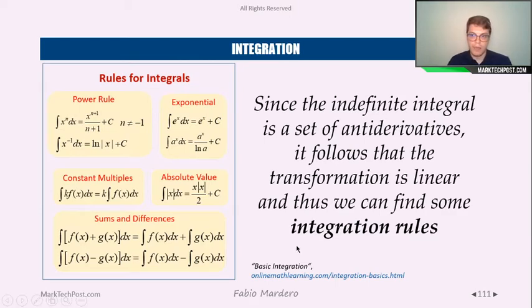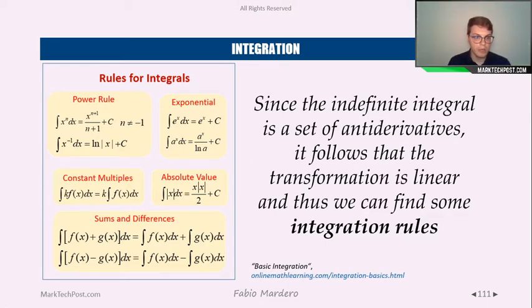Since the indefinite integral is a set of antiderivatives, it follows that the transformation is linear, because the differentiation is linear itself, and thus we can find some integration rules. On the left side you can see some of them.